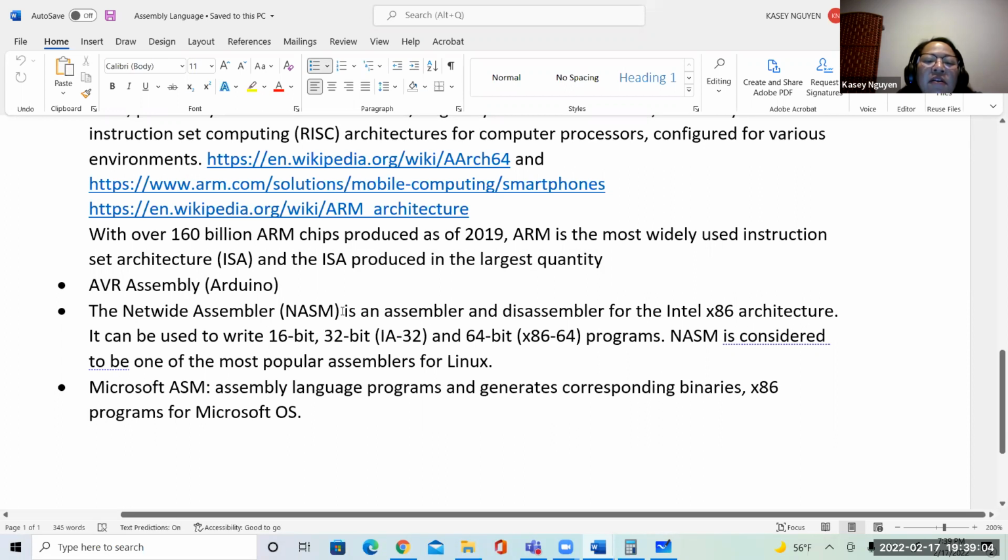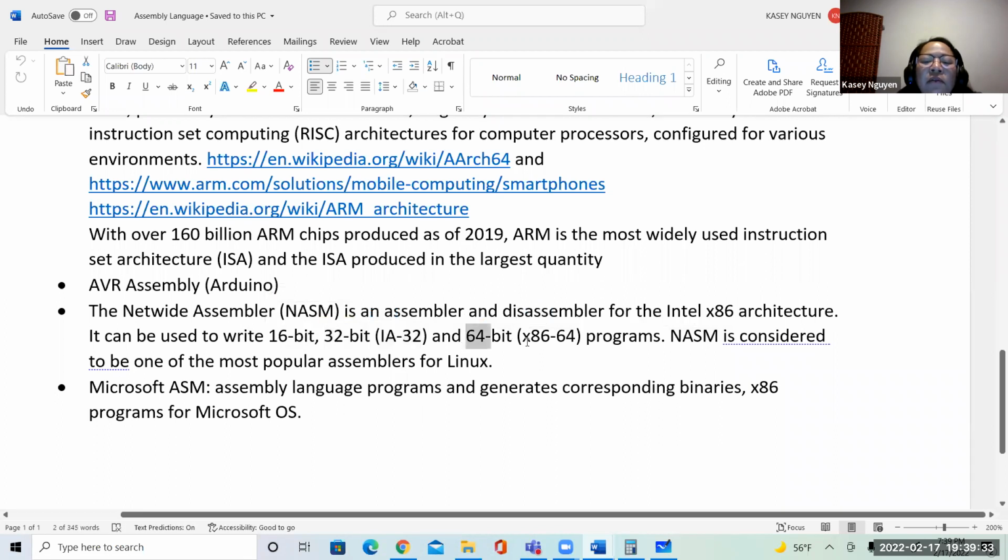And then another ASM is NASM, the Netwide Assembler. This is used a lot on Linux systems, so when we teach NASM, you often build that with Linux. This can also be used with Intel x86 architecture, which is very common. That will be for your 16-bit and older, like Windows 98, the Windows XP era.